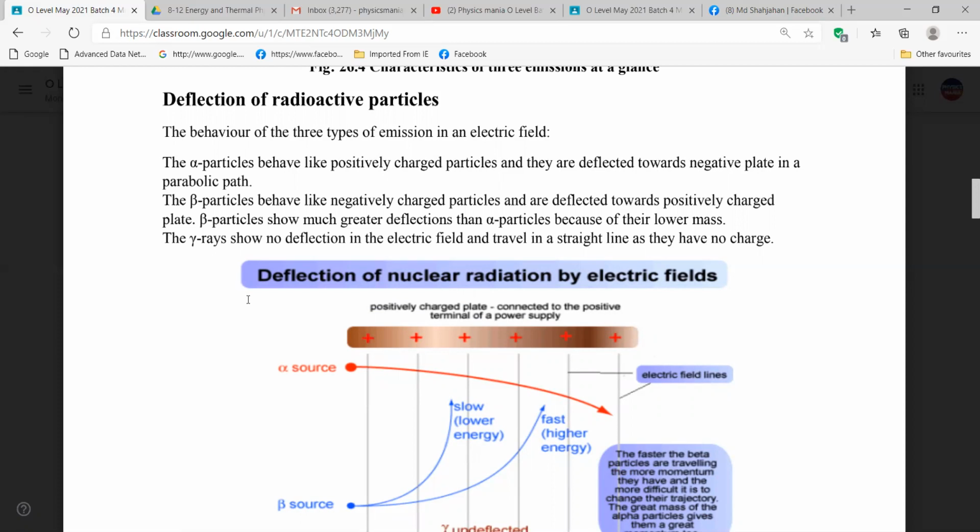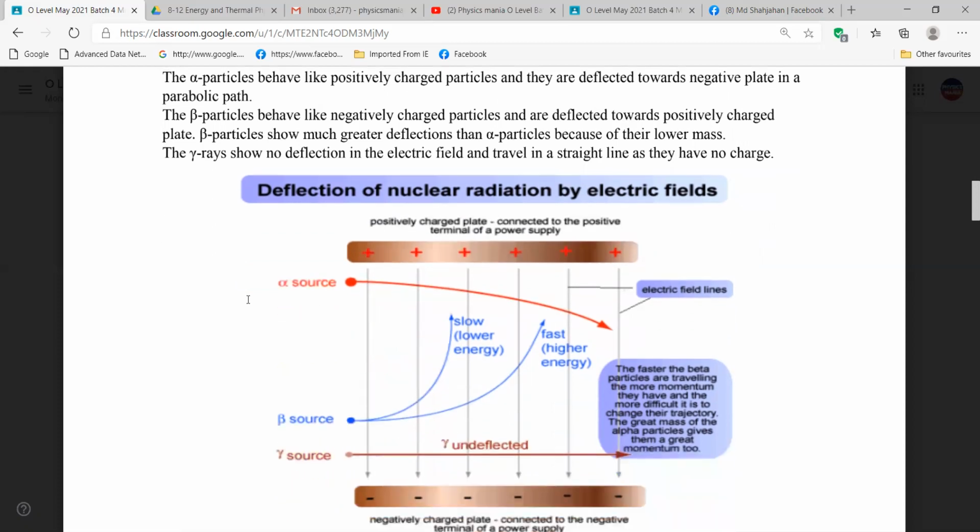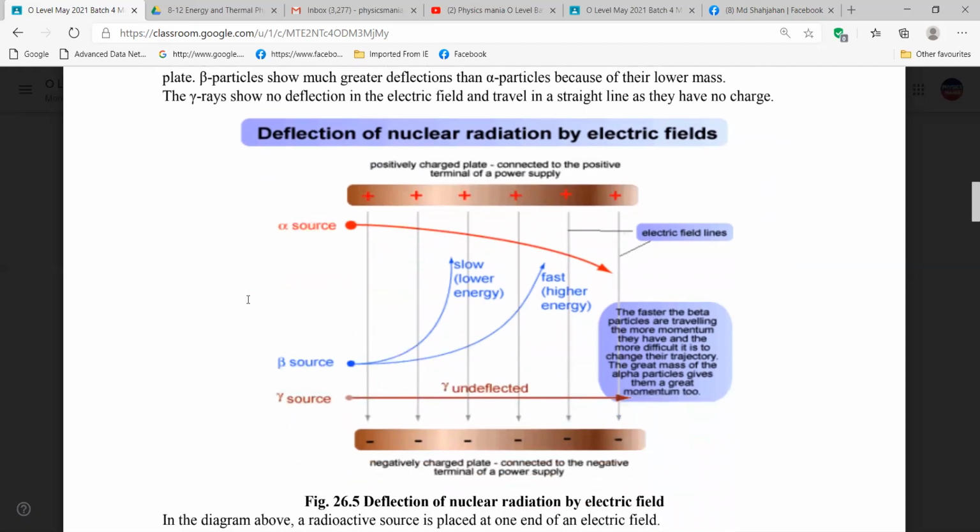So they show some properties in electric field and magnetic field. Look at the diagram here. When we put alpha particles inside an electric field, how does it behave, then beta particles, and gamma?